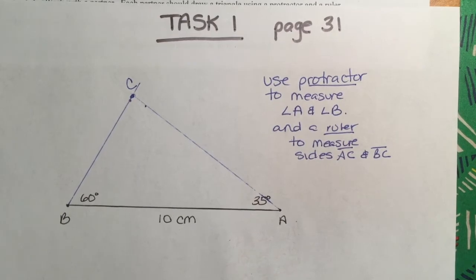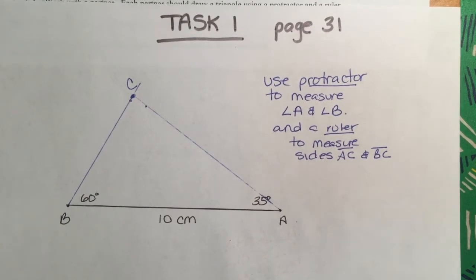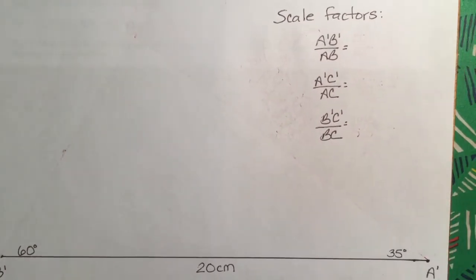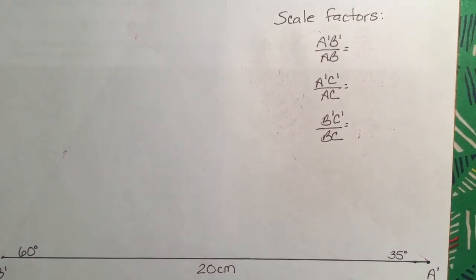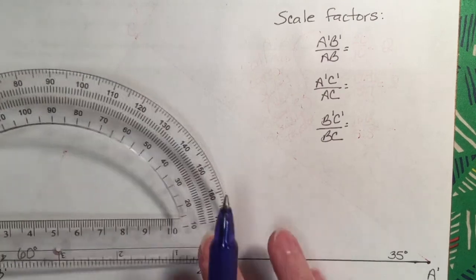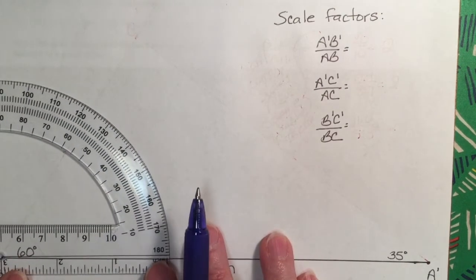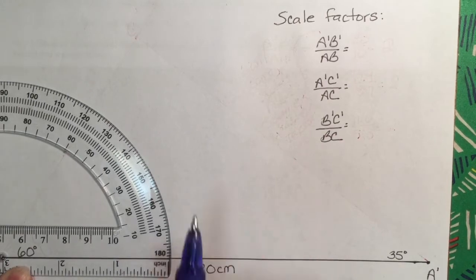All right, we're going to do the same thing with another triangle, but we're going to make the base 20 centimeters long, so much longer. And I'm going to do exactly the same thing. I'm calling this one A prime, B prime, C prime, because it's hopefully going to be a dilation of the other triangle. So we're starting with a 20 centimeter side. I need a 60 degree angle at this point.